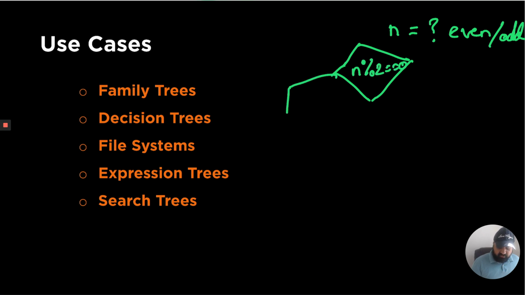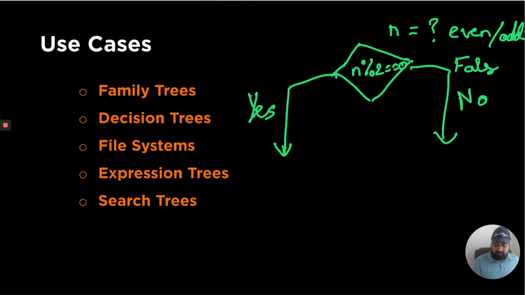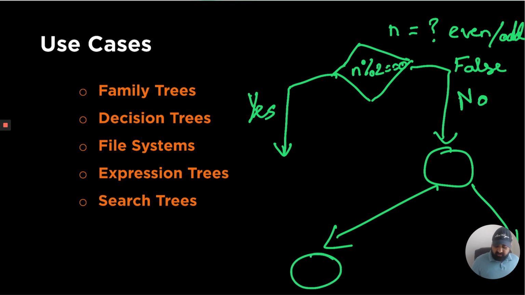If this is true, your system takes this route, while if this is false, your system takes this other route. You can make very complex scenarios based on true and false, and this is another example of where trees are frequently used.